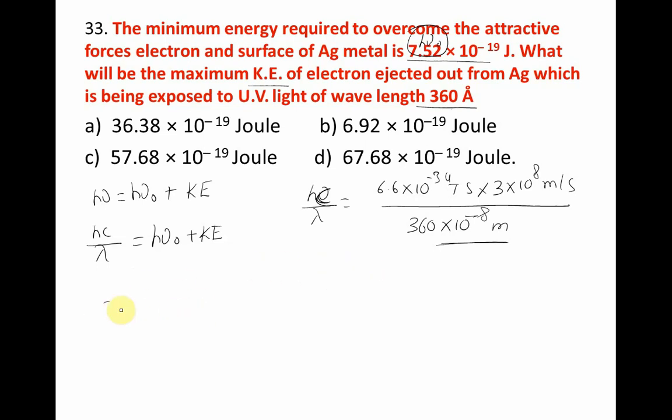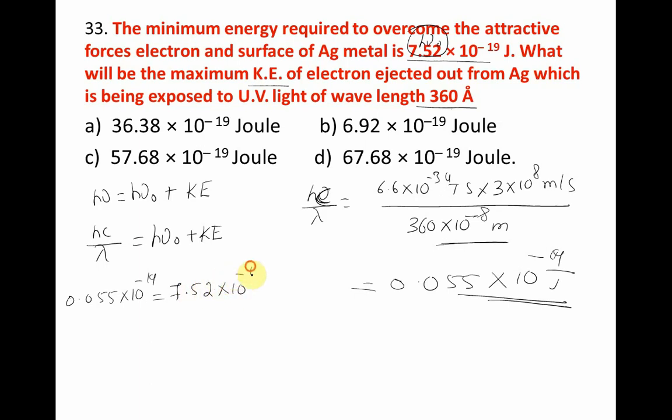So this value becomes almost equal to 0.055 into 10 to the power of minus 19 joules. So I will write now. Therefore 0.055 into 10 to the power of minus 19 is equal to h nu naught, which they gave, 7.52 into 10 to the power of minus 19, plus kinetic energy, which I need to calculate.